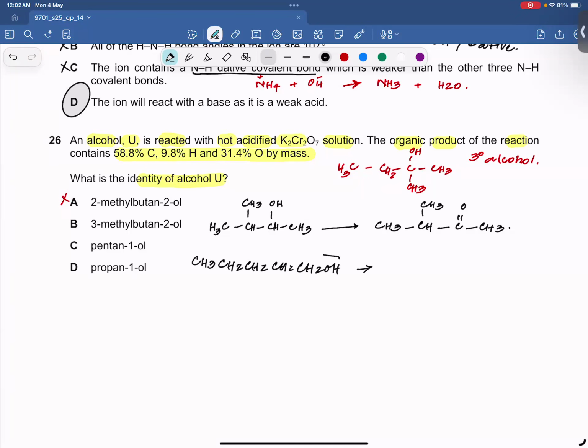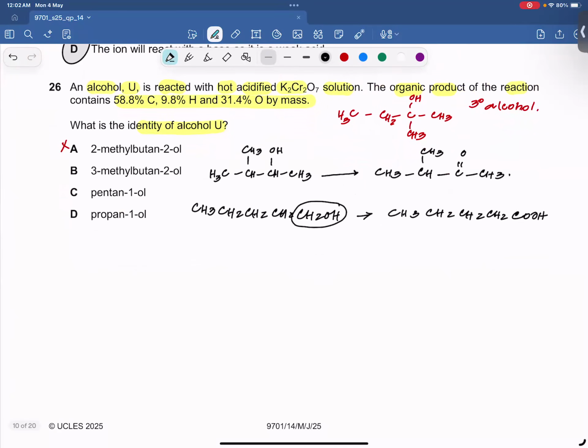Since it is a primary alcohol, when you oxidize it in the presence of hot acidified potassium dichromate(VI), it will turn into a carboxylic acid.